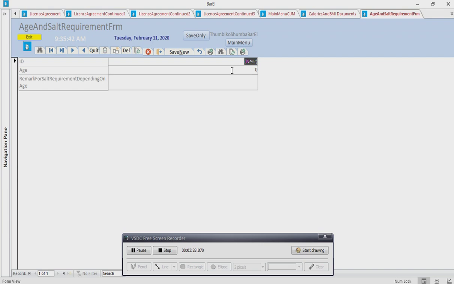Age and salt requirement. If somebody is 2 years, it means 2 grams of salt a day, or 0.8 grams of sodium.